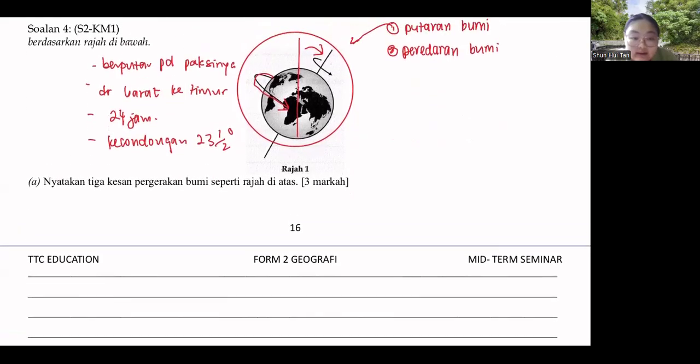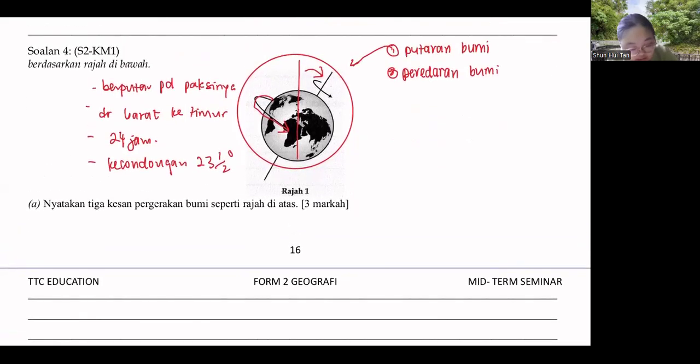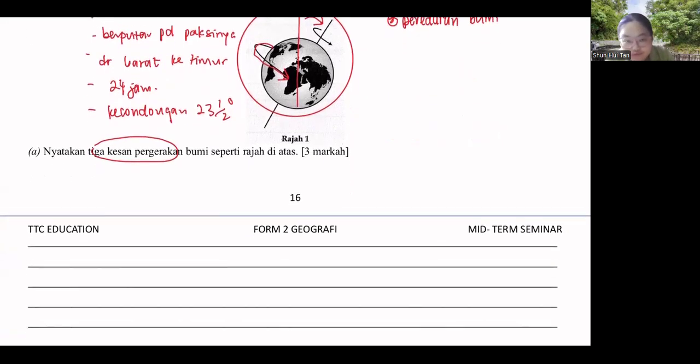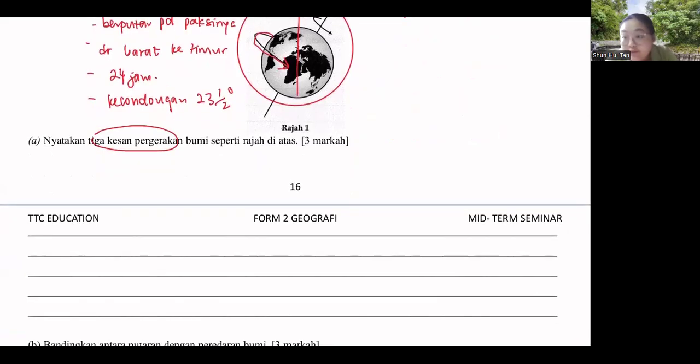Now, and then here they ask you the next way, another type of question. Kesan. Nyatakan 3 kesan. When it actually berputar, it rotates on its own. What is the effect? We have 4 effects. The first one, when it rotates on its own, we will see, yes, kejadian siang dan malam. Other than that, yes, you will have kejadian pasang surut.